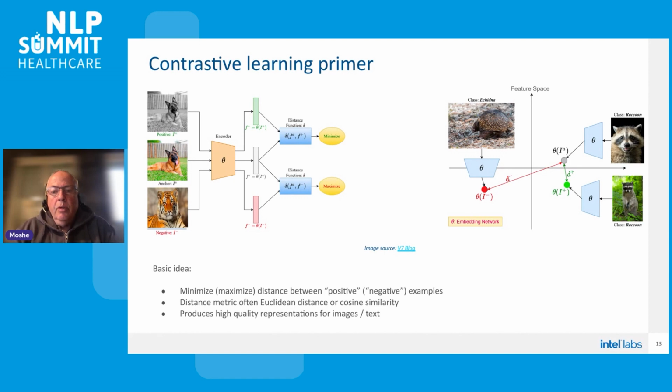So basically what we do is encode all these images together, and then we measure the distance between the embedding of a dog and an augmented version of itself, and also the distance of the dog compared to the tiger. So finally, we use a loss function that progressively minimizes the distance between the similar dog images and maximizes the distance between dogs and other types of objects. This will help us to construct an embedding space with clearer classification boundaries between classes.